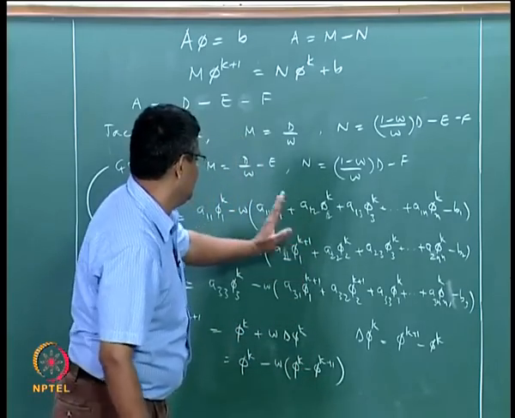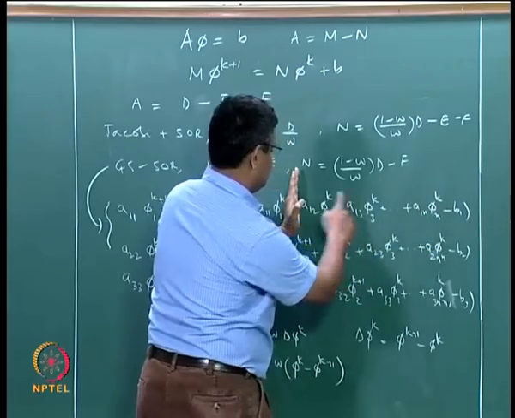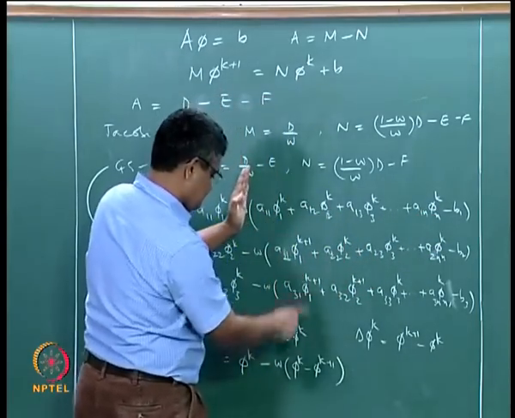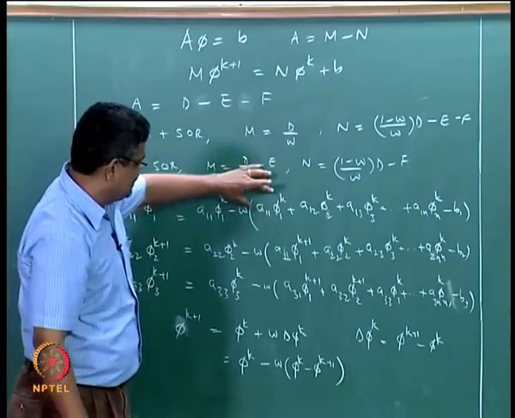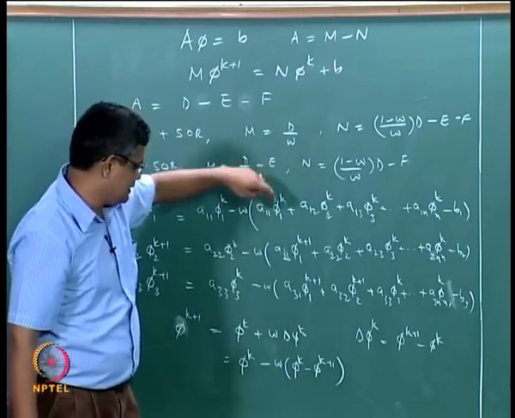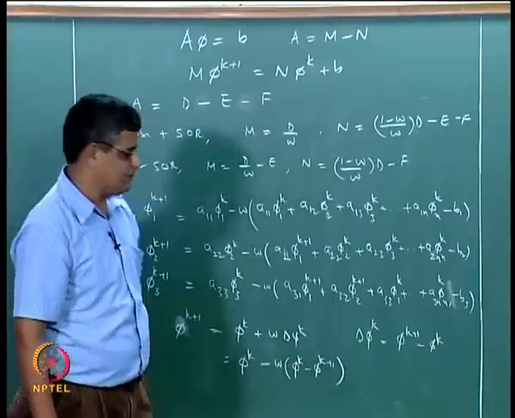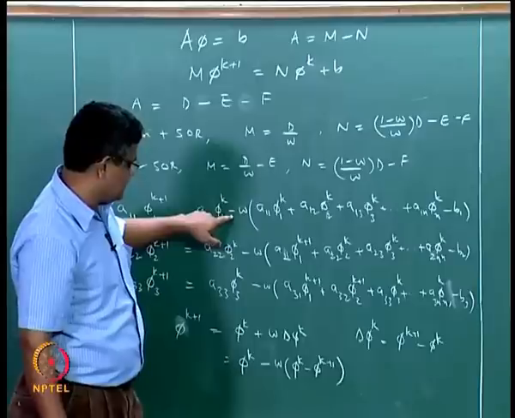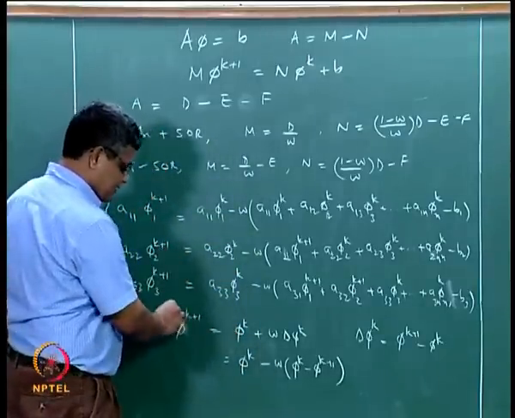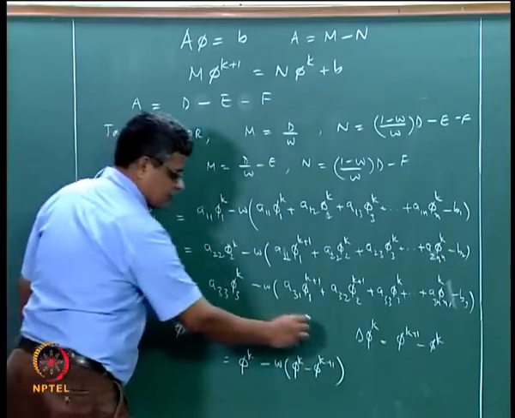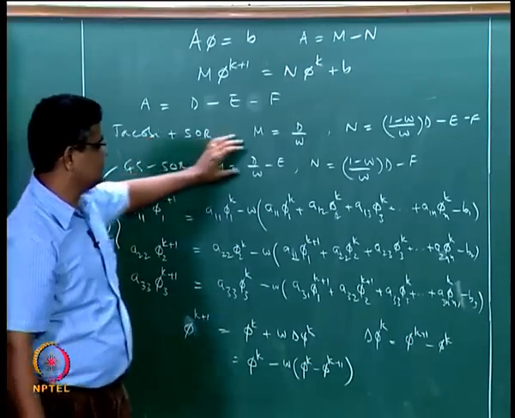This phi k plus 1 is, for example, this whole thing, and this is the phi k that we have here, and this is the minus omega that we have. So this whole expression within the brackets is equal to minus delta phi k, and then we have the minus omega parameter here. So this particular way of writing is consistent with the definition of the SOR method, although it is a bit hidden when you express it like this.